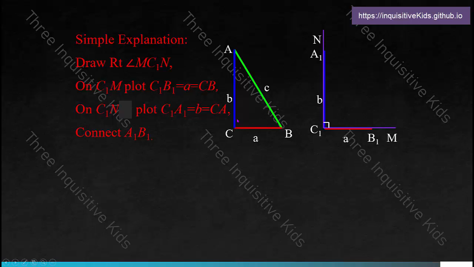We never said that the angle was the same. Then we are going to connect A1 right here. Let me point that out. A1 to B1, and we're just going to connect them.